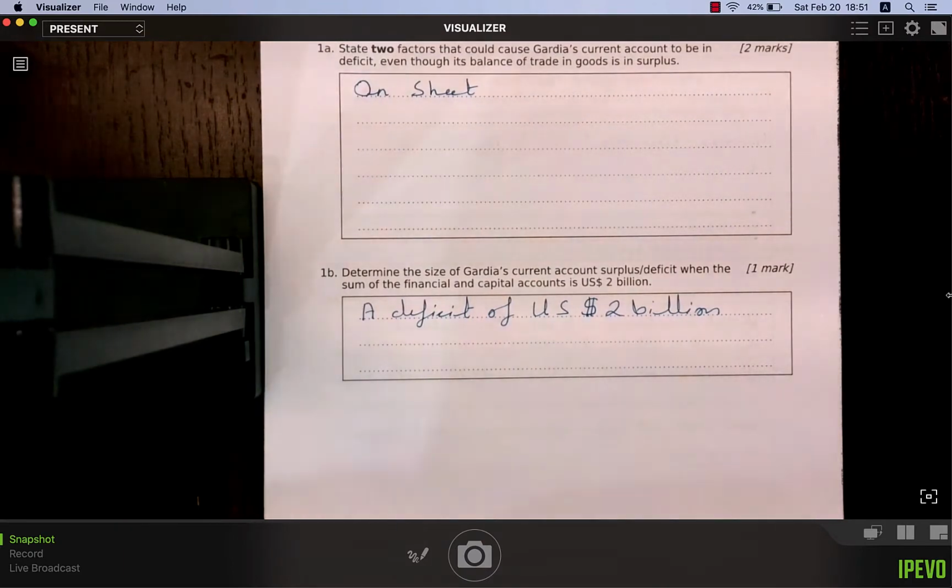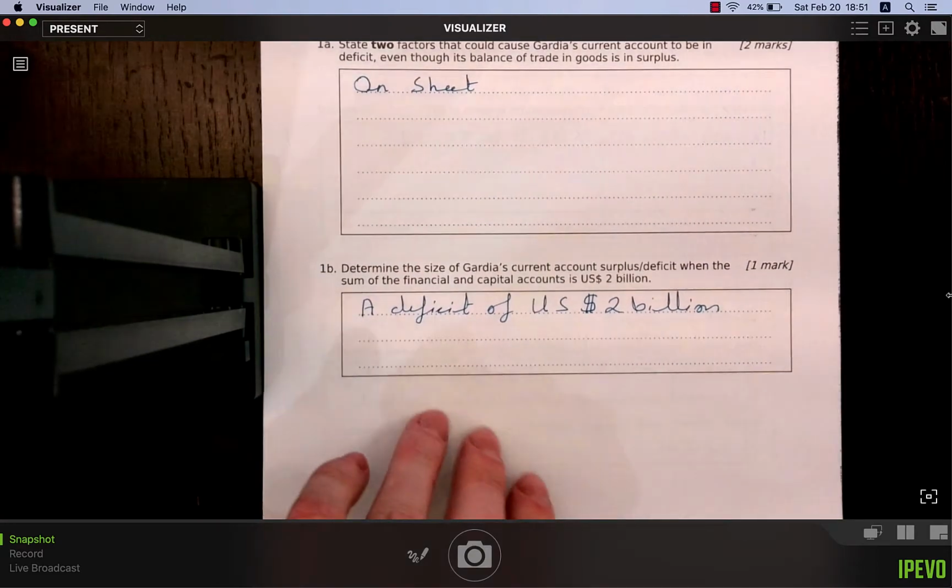But usually in paper 3, they don't really take heed of those things. So if the financial added together with the capital account is plus 2 billion, then the current account of Guardia has to be minus $2 billion, in deficit of $2 billion. And that's very important that you understand that also.